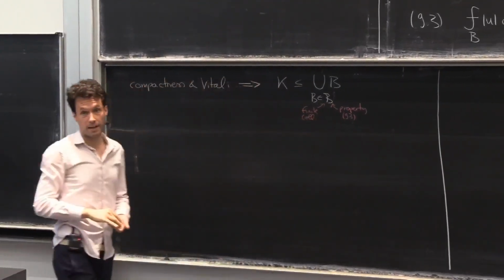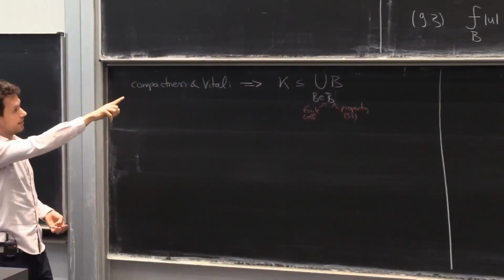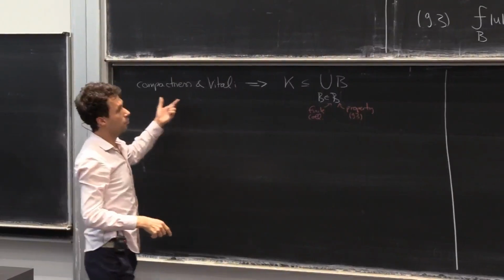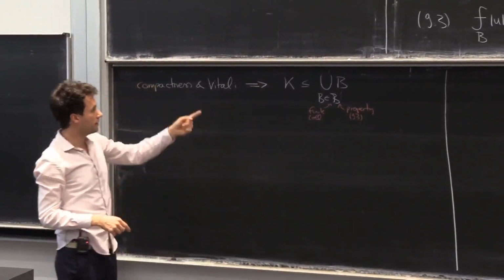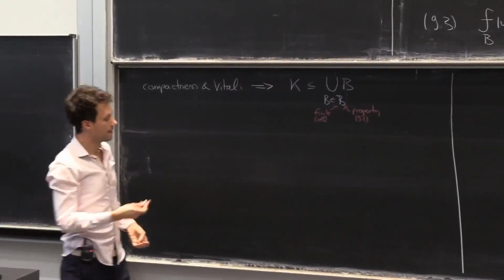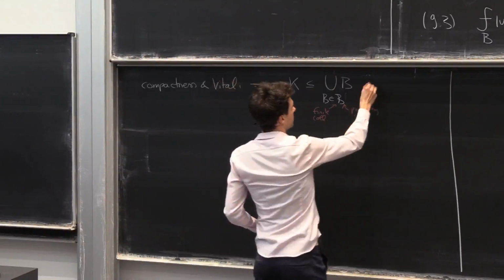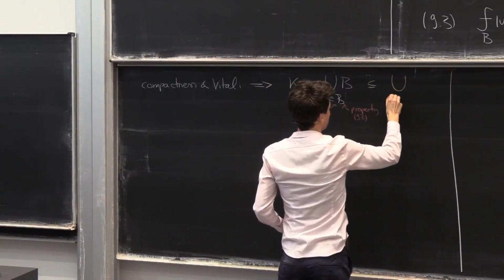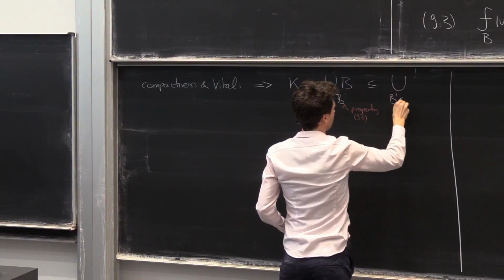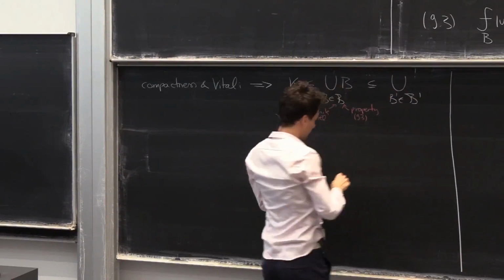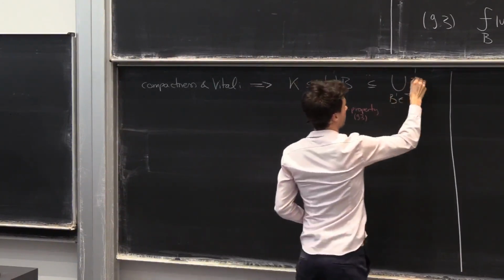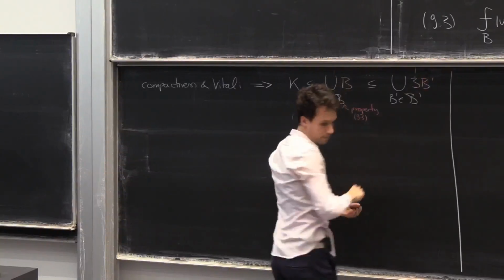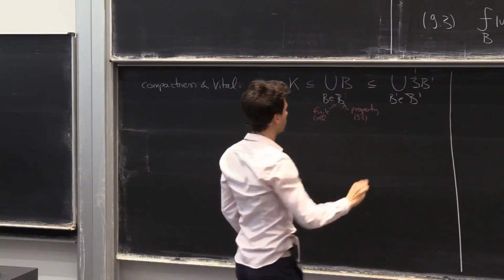That's the point where I use compactness. So I get a finite number of balls with property 9.3 that still cover my compact set K, and from these I can extract a finite subcollection of pairwise disjoint balls, B prime in B prime, and I cover K by 3B prime, and this is a disjoint collection.